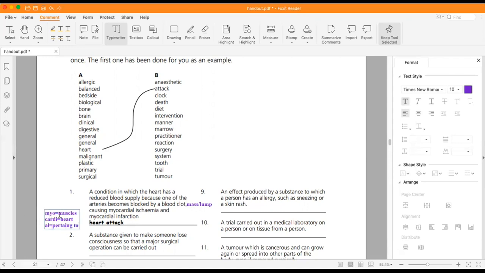So this word means pertaining to the muscle of the heart, which, if we didn't take it as a literal meaning, means the muscular tissue of the heart.